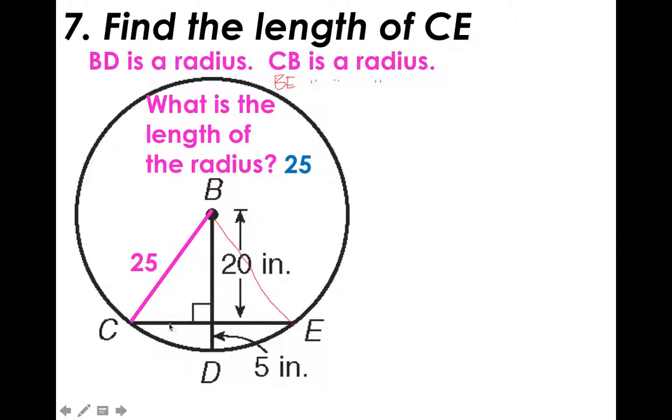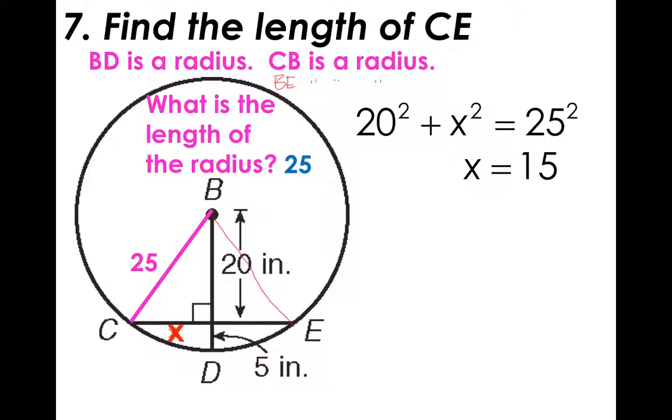We're trying to find the length of this. And I set it up as so. And now we go through the order of operations, meaning we have to simplify exponents first, so we end up with, finally, x is equal to 15.